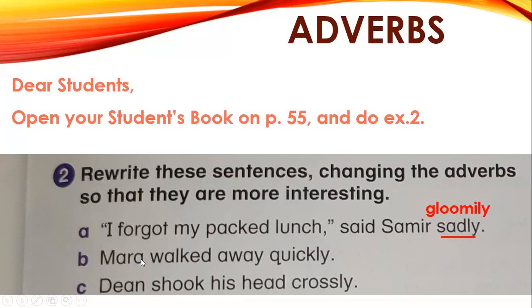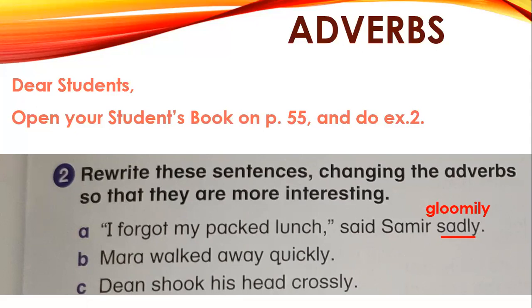Sentence B. "Mara walked away quickly." So, how did Mara walk? She walked quickly. So, quickly is an adverb that describes the verb walked. So, please underline the word quickly and try to find any other interesting adverb that gives the same meaning as quickly.